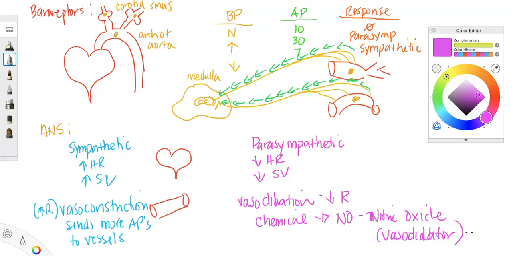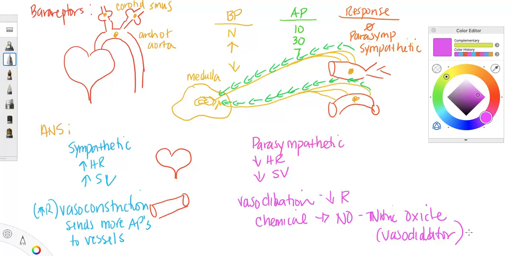Dilator, cannot spell. So the homeostasis of blood pressure is a result, as far as the baroreceptors go, which is assessing the stretch in those arteries, the aorta and the carotid sinus, and sending that information about the stretch of those vessels to the cardiac center.